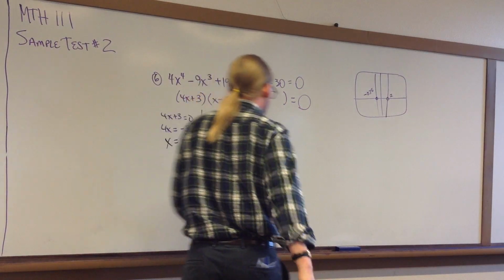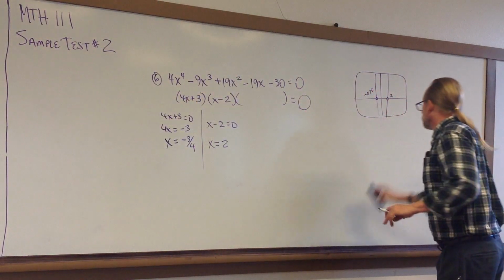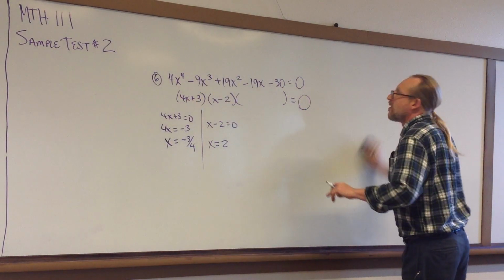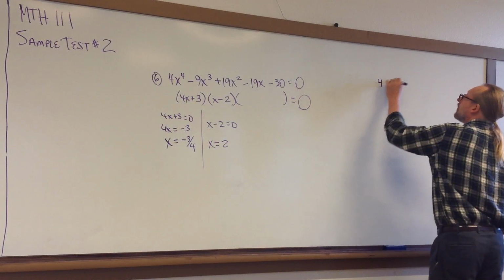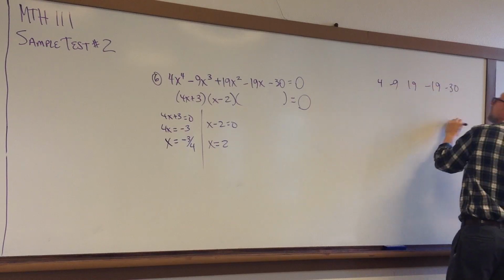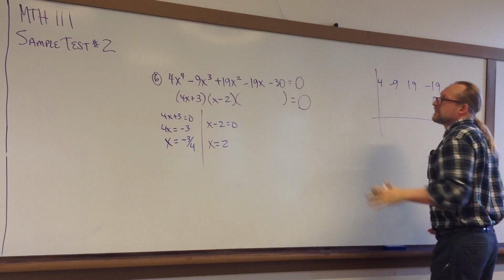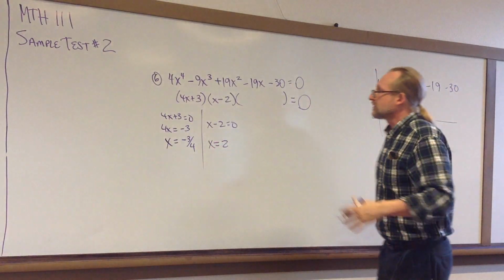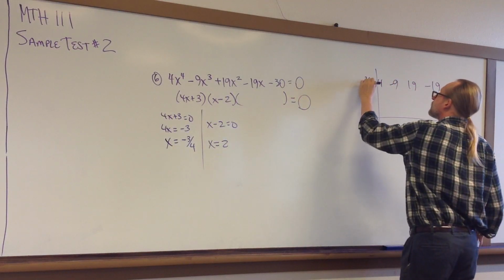So let's go ahead and do our synthetic division. Let me make some room here. So 4, minus 9, 19, minus 19, minus 30. And again, it doesn't matter which one of these we use first. I'll start with the negative 3/4.